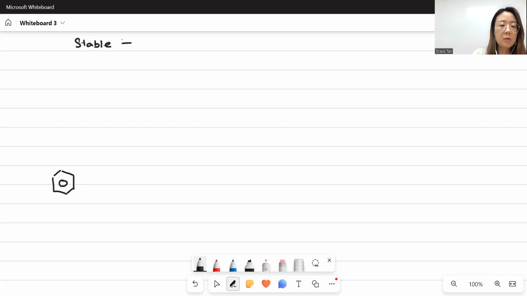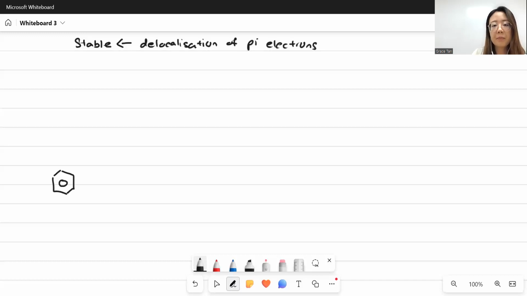It is actually due to the delocalization of pi electrons in the ring. That gives the aromatic stabilization.